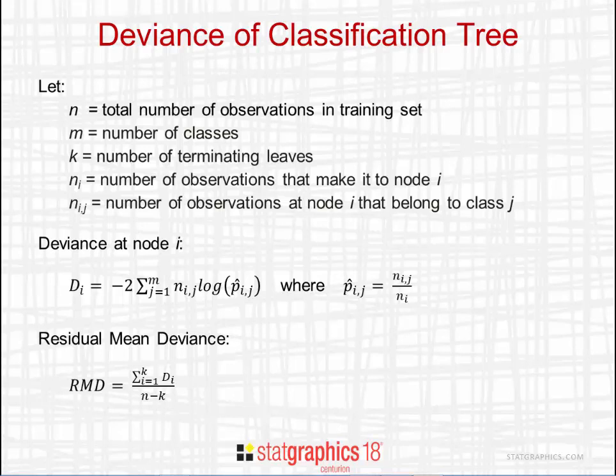The residual mean deviance is the summation of the deviance across all of the terminating leaves divided by the number of observations minus the number of leaves. In deciding how to split a node, the program will look for a binary decision that gives the largest decrease in that residual mean deviance.